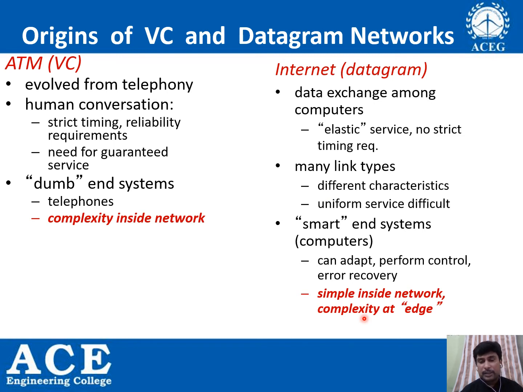When higher layers like the transport layer or lower layers like the data link layer take care of flow and error control, we can go for a connectionless service network like a datagram network. But remember, whenever you are using a datagram network, for reliability, flow control and error control, you have to use a higher-end or better protocol like TCP.